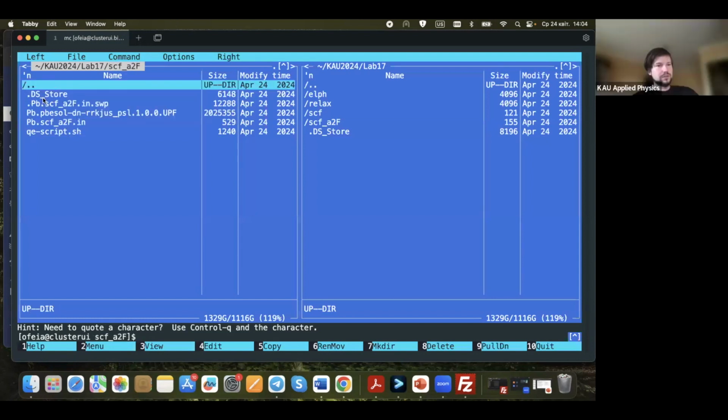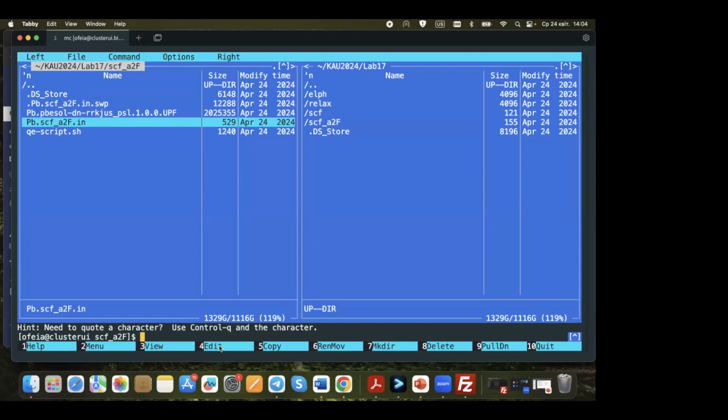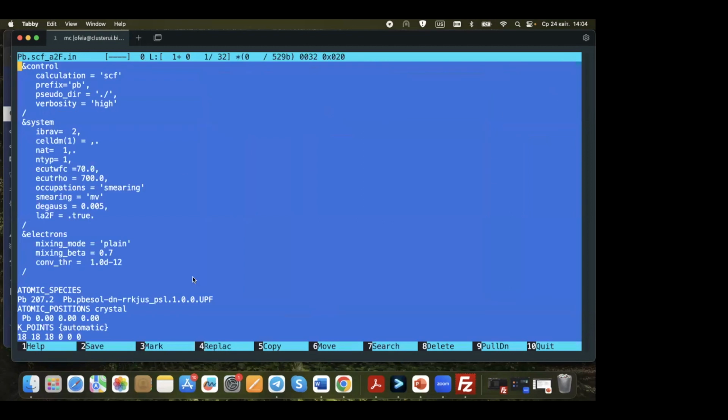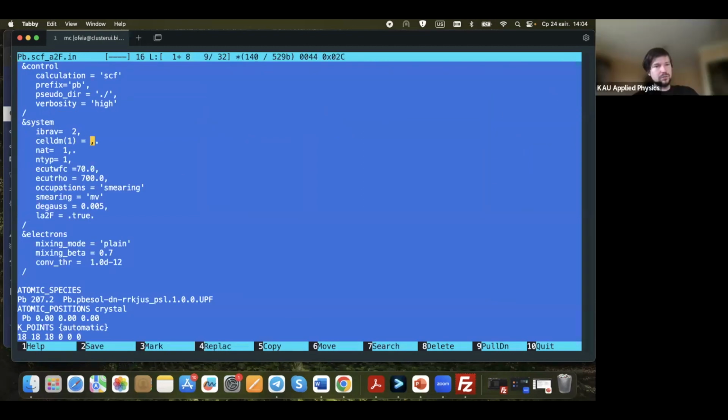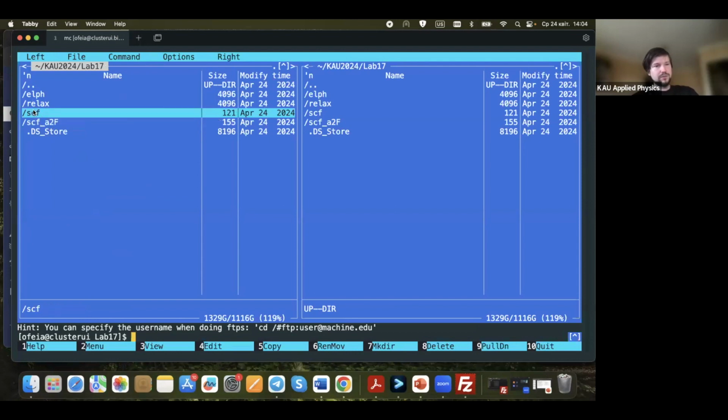Mine is still running. I think that it will finish in a few minutes. Let's hope so. Then I copy it to my SCF. Save it. And then I copy it to another SCF.